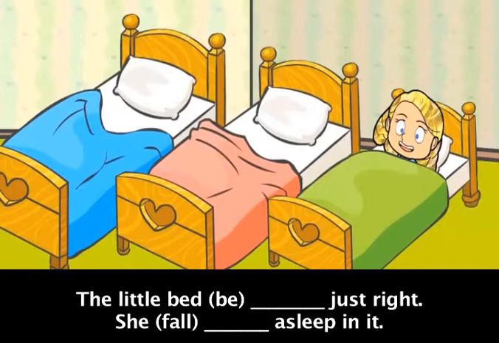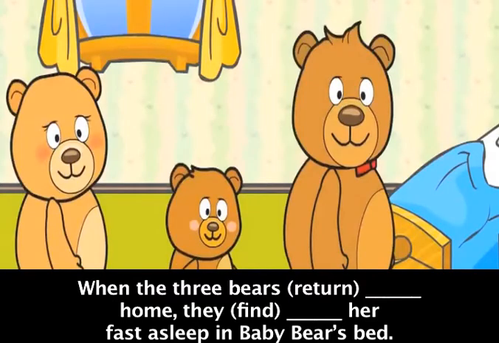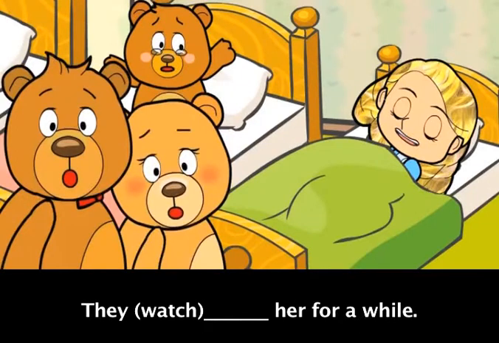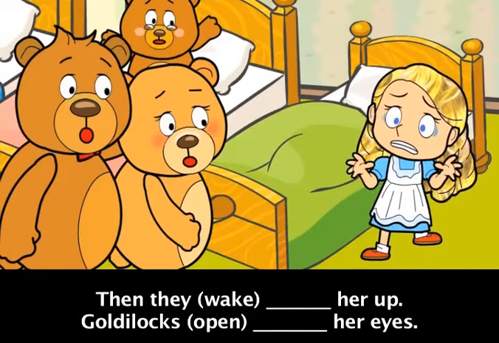When the three bears dash, return is the word, home. They dash her, the word in bracket is find, fast asleep in baby bear's bed. They dash, the word is watch, her for a while. Then they dash, wake is the bracket word, her up.